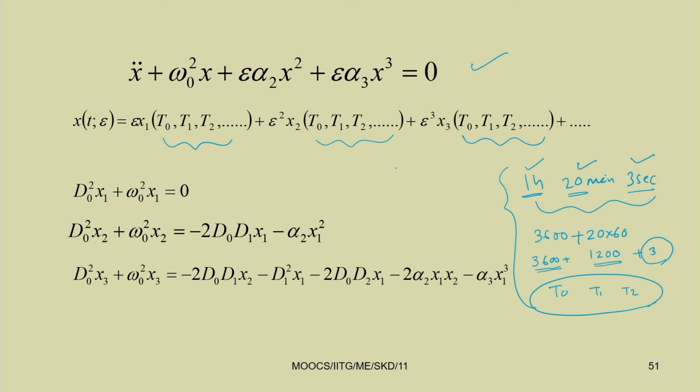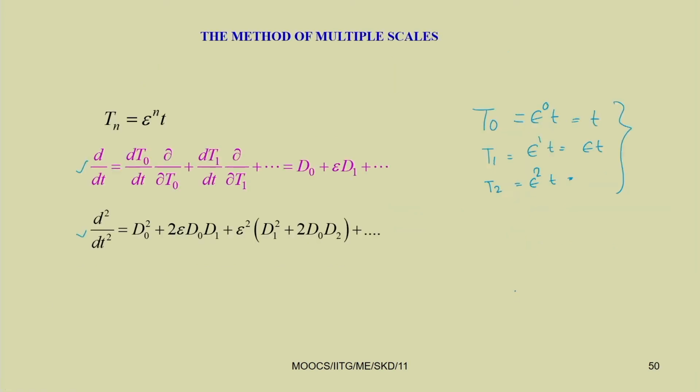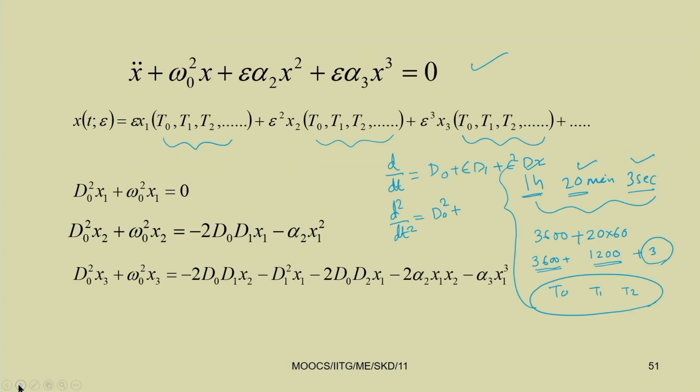Also we have already written d by dt and d square by dt square. d by dt can be written as d 0 plus epsilon d 1 plus epsilon square d 2, and similarly d square by dt square is d 0 square plus 2 epsilon d 0 d 1 plus epsilon square d 1 square plus 2 d 0 d 2. This way we can write down these terms, other terms also can be written, and substituting these in the original equation and separating the order of epsilon.